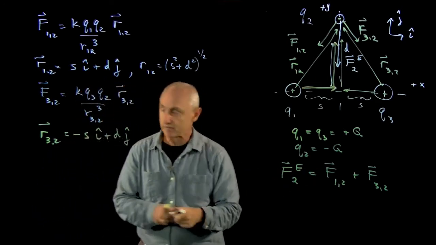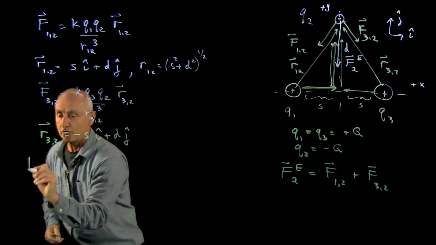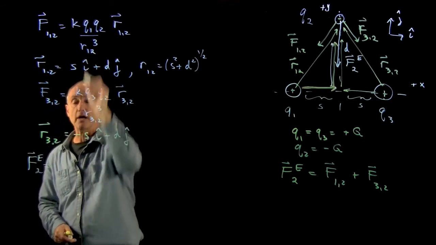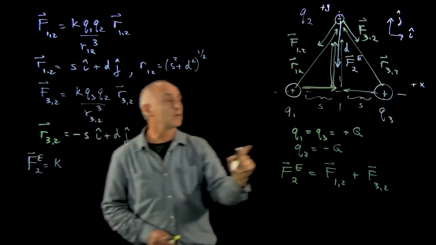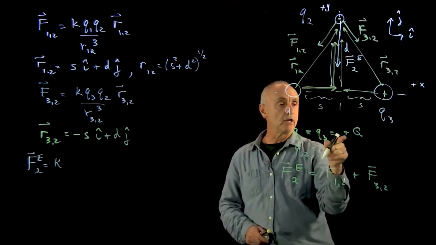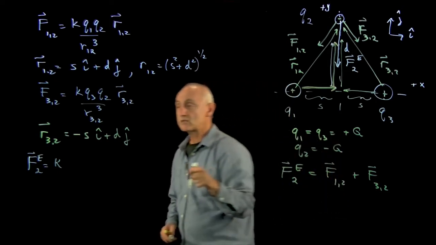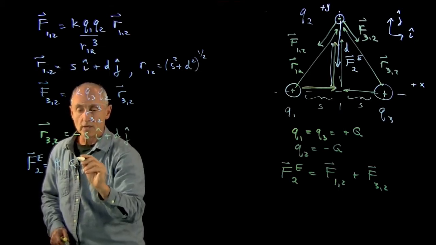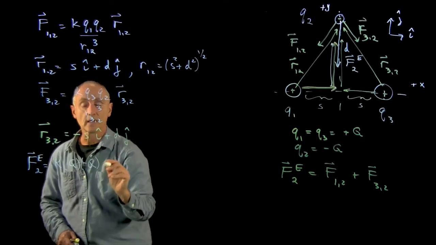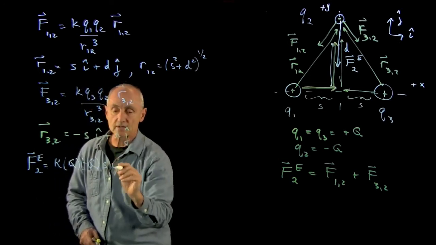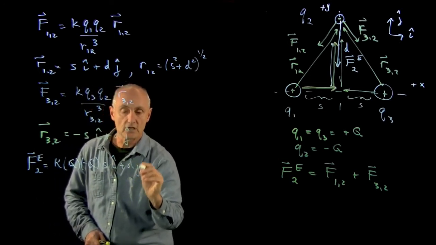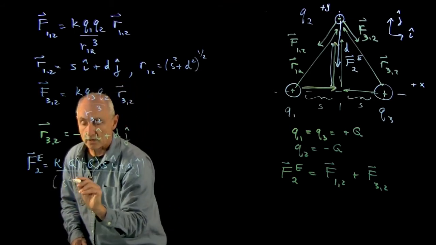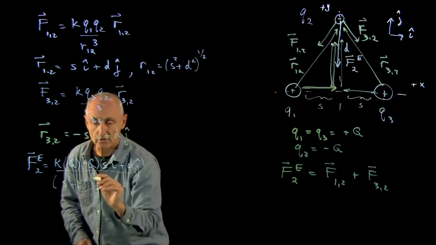And now we can apply the vector sum. So the total force on object 2, I'm just going to write these terms out. k. Now, remember, these charges were equal, q1 and q3, and the other was minus. So we have a q times minus q, times r hat 1,2, which is s i hat plus d j hat divided by s squared plus d squared to the 3/2.